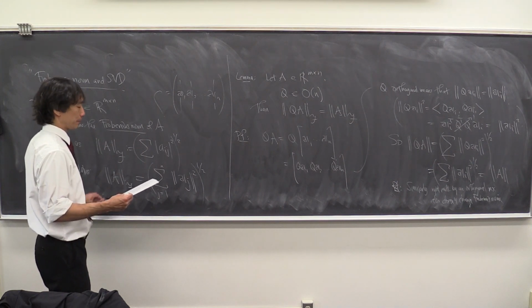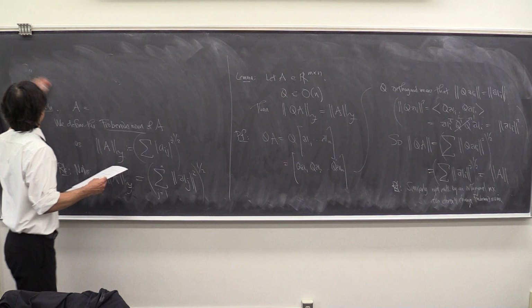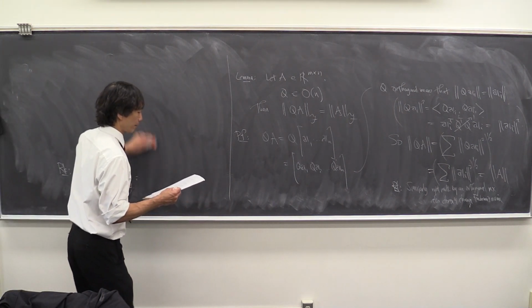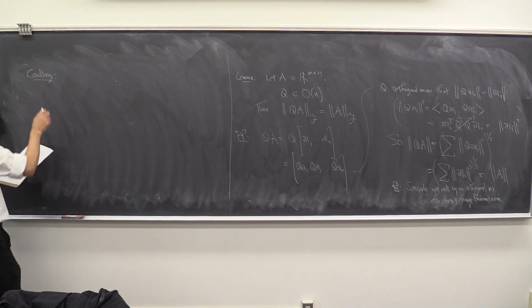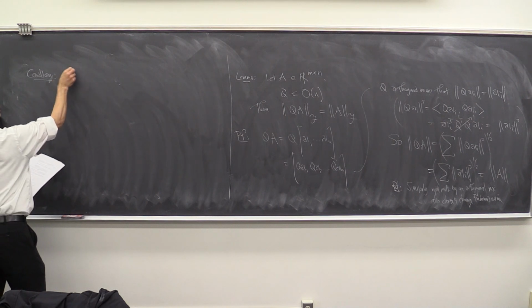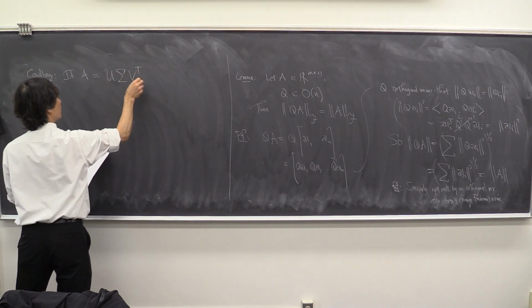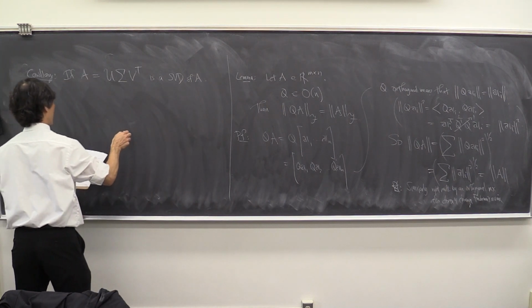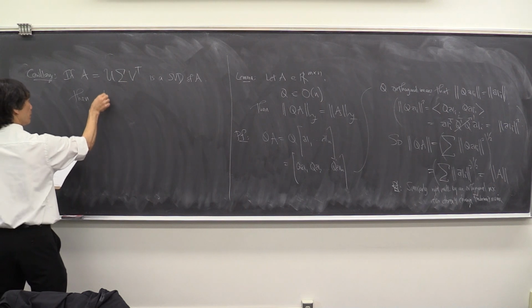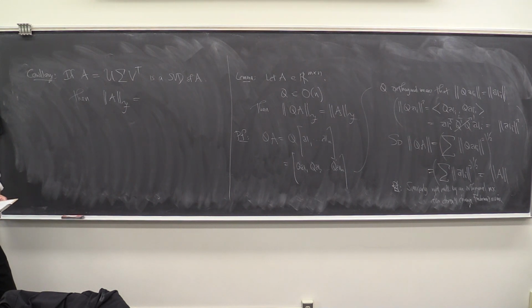Okay, so corollary. If A equals U sigma V transpose is a singular value decomposition of A, then the Frobenius norm of A is going to be, well, think.